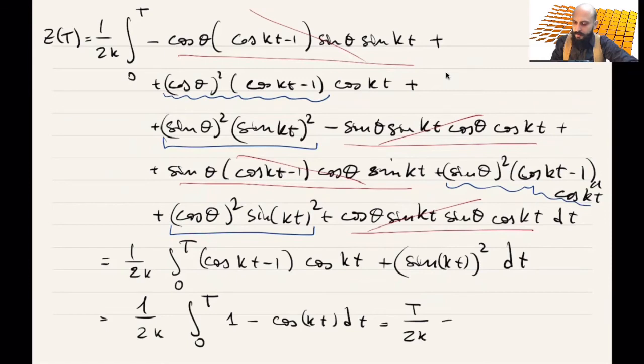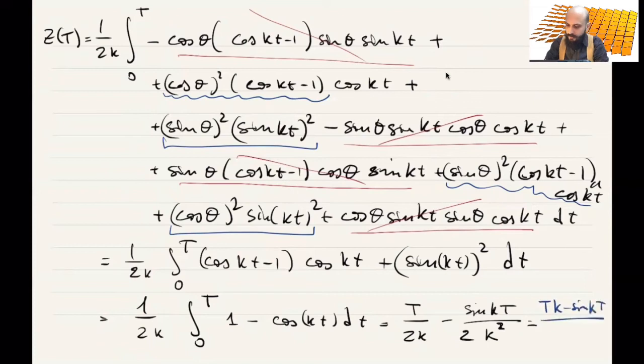So it's going to be minus sine kt over k, and also this, don't forget, 2k square. Okay, which maybe it's better to write as I wrote in the notes, tk minus sine kt divided by 2k square. Okay, so let's conclude what we have proved.